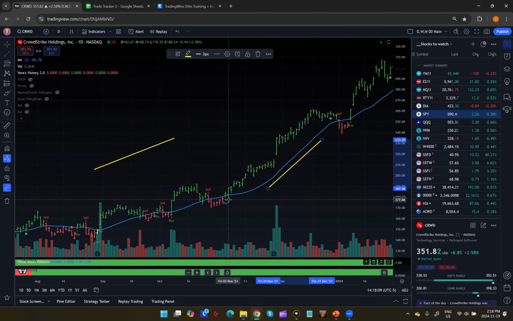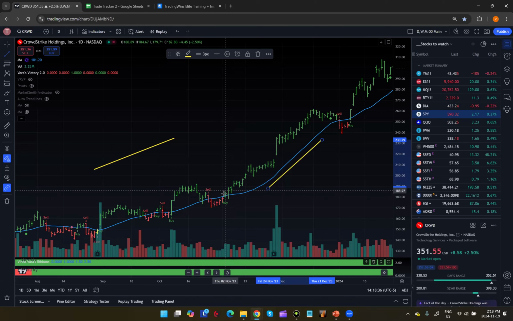So if we meet all that criteria, then we know that number one, we're trading a stock that is trending higher. Depending on the slope of that line, we know we have momentum higher and potentially significant momentum on our side. We know we're opening the trade at an ideal spot, which is very close to the 20.